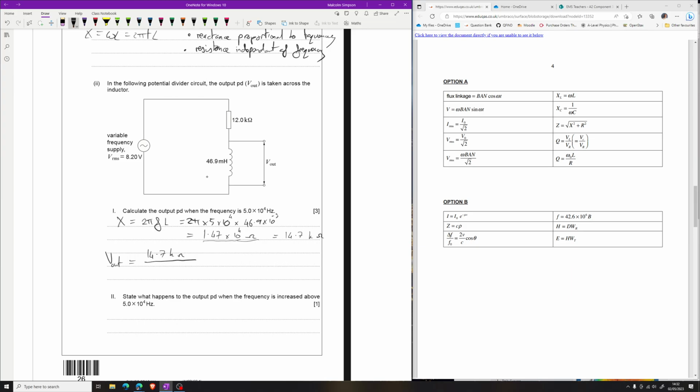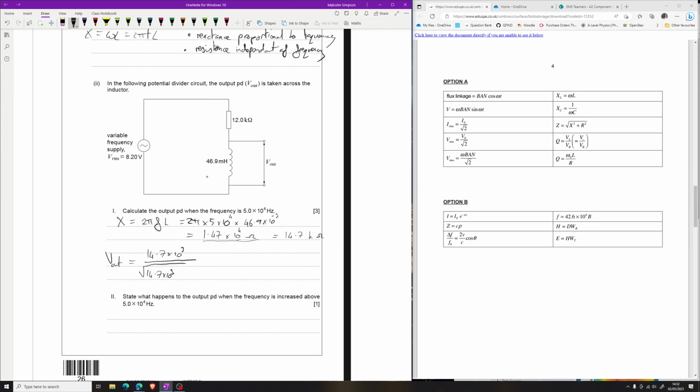So that's 14.7 over square root 14.7k squared. I really shouldn't be using k, should I? Let's go times 10 to the 3. That's pretty bad practice, isn't it?